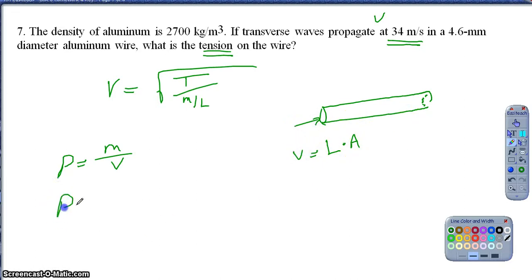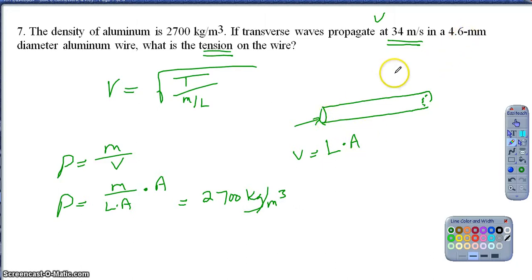So if I want to take the density that they gave me, which is mass per volume, right? And volume again is the length times cross-sectional area. If I want to take that and make that just mass per length, I just need to multiply it by the cross-sectional area, right? So in other words, I'm going to take the 2,700 kilograms per meter cubed, and I'm going to multiply it by the cross-sectional area of that wire.